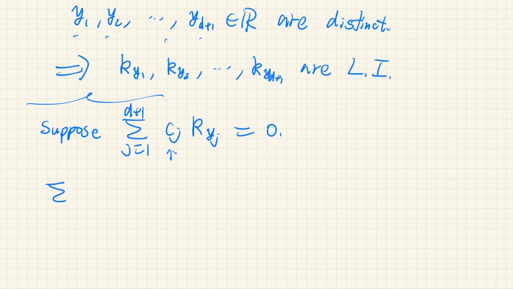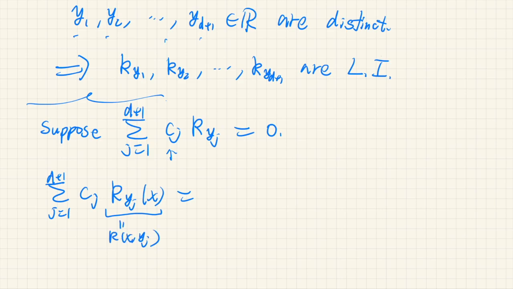So if we evaluate this function at x, we have the sum over j from 1 to d+1 of c_j k_{y_j}(x). And remember, this one is equal to k(x, y_j).